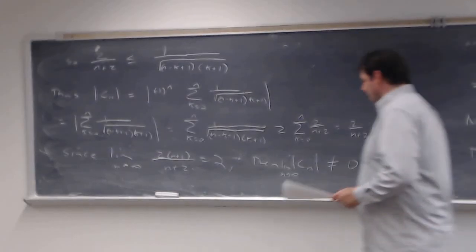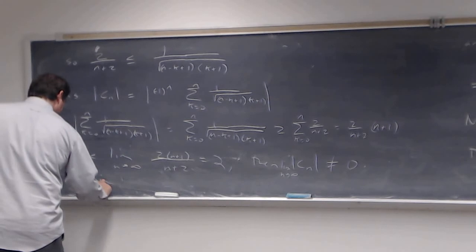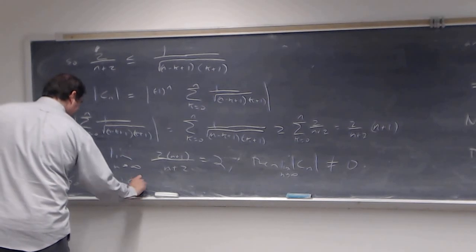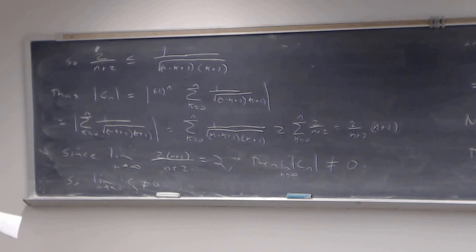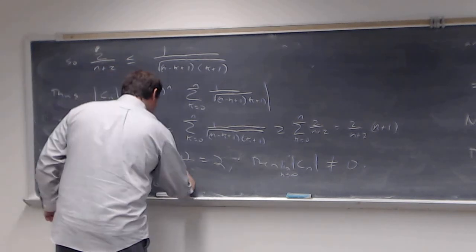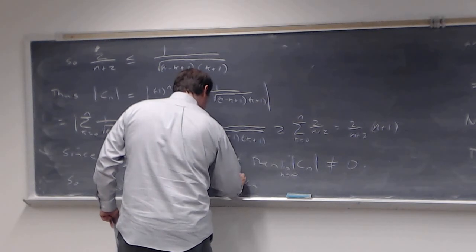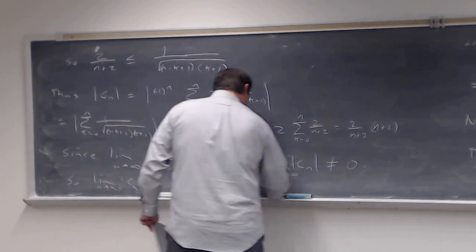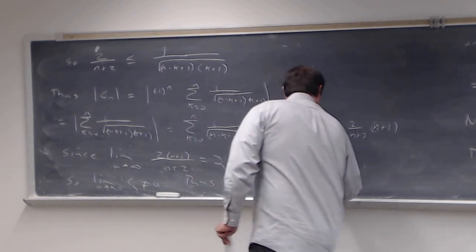And so the limit as n goes to infinity of the c sub n's can't be 0. And remember, those c sub n's are what we're summing up to get the product of the two series. And thus, what we're finding is that the series of the c sub n's, as n runs from 0 to infinity, diverges, and it's diverged by the divergence test.